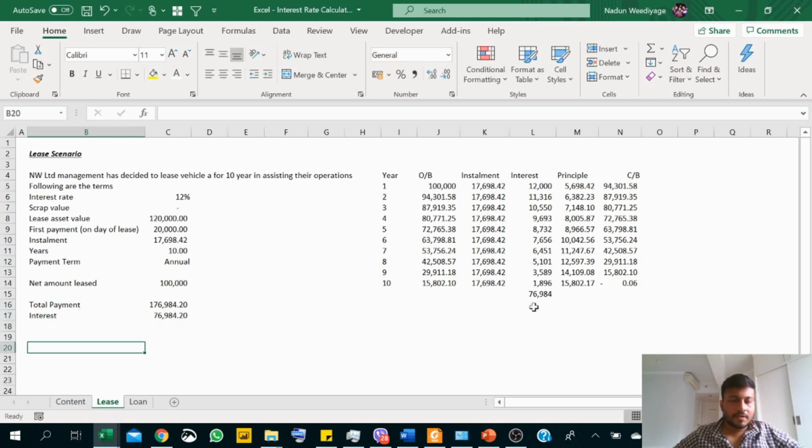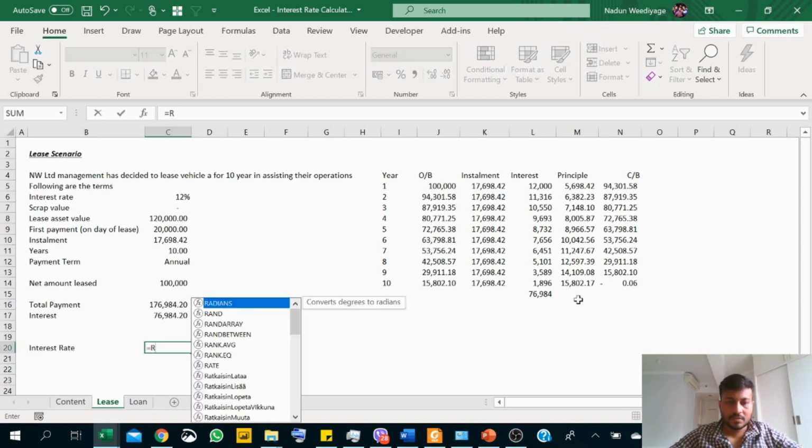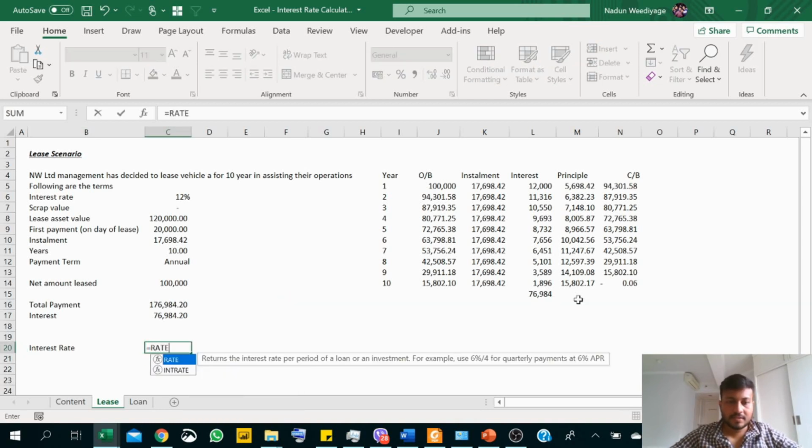So let's see how we can use the Excel formulas to calculate both, to verify whether the interest rate is correct as well as the installment amount. So let's say the interest rate. How we can calculate is equal RATE, open parenthesis.